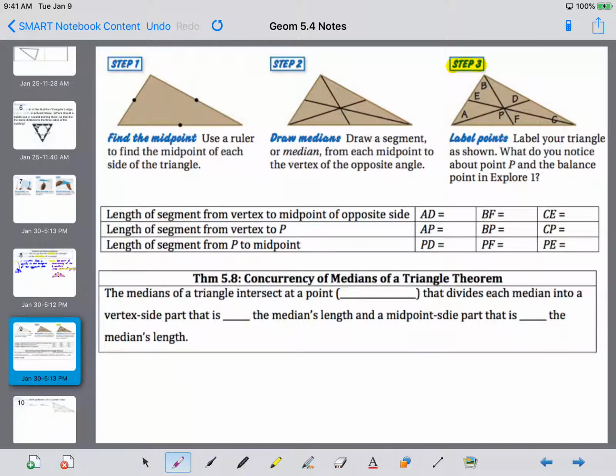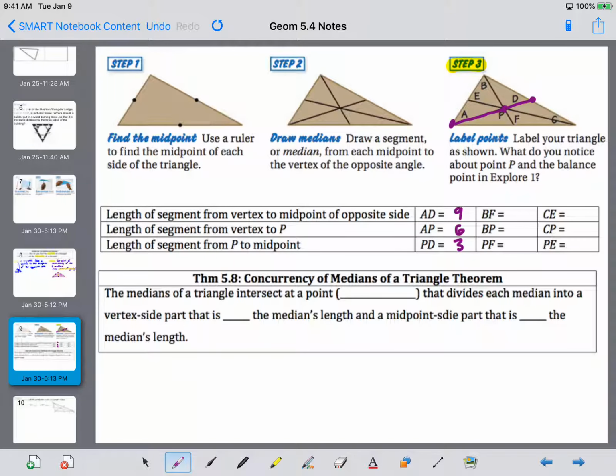I did this ahead of time on a separate piece of paper, and I did all my measurements in centimeters. I found the length from A to D, so this entire median here was 9 centimeters long, and from A to P was 6 centimeters, and from P to D was 3 centimeters.